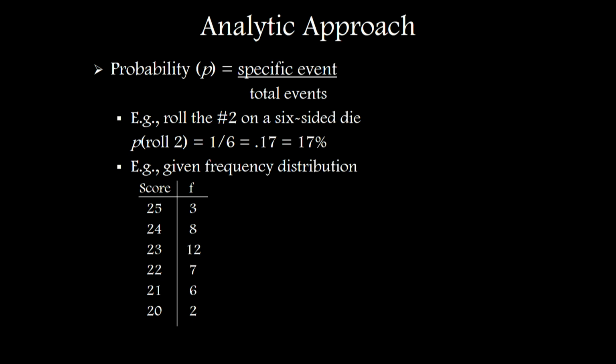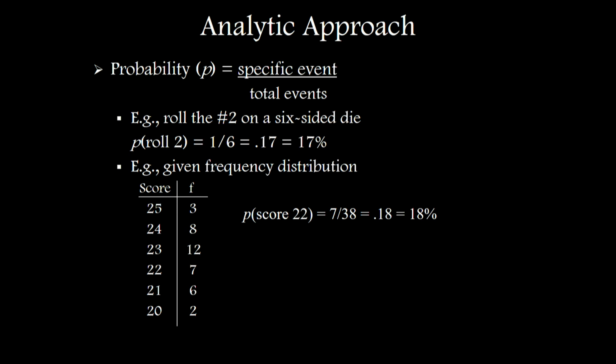You know how to draw these yourself. And so I can determine, for example, the probability of a score of 22. I can see how many people scored a 22, and 7 people scored 22 on this test. And then I can determine how many total people took this test by adding up all of the numbers under the frequency.